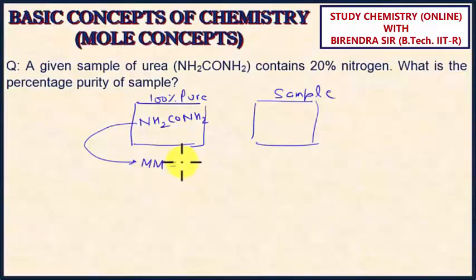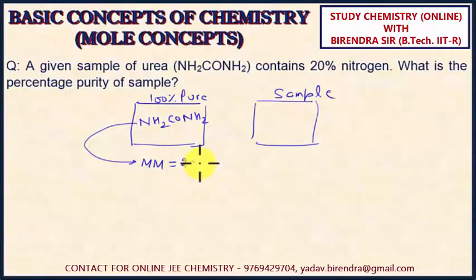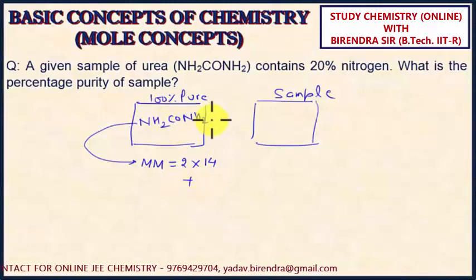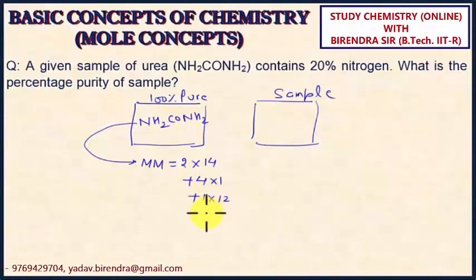So it will be, how many nitrogen atoms are there? 2 nitrogen atoms. So I'll write 2 into the atomic mass of nitrogen is 14 plus. How many hydrogen atoms are there? 4. So 4 into 1. How many carbon atoms are there? 1. So I'll write 1 into 12 plus how many oxygen? 1. 1 into 16.